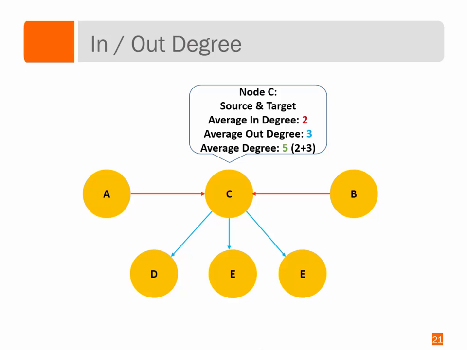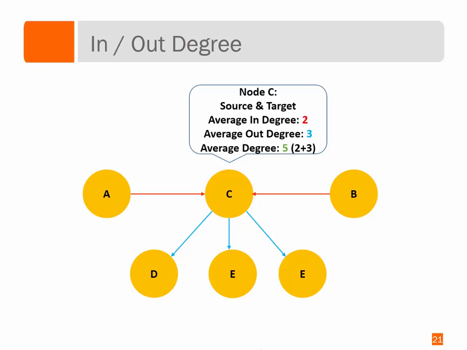And let's take a quick look at an example of this. So we'll focus in here on node C. We have source and target. So here we're going to capture this in three different ways so that we highlight each of these three different types of average degree.